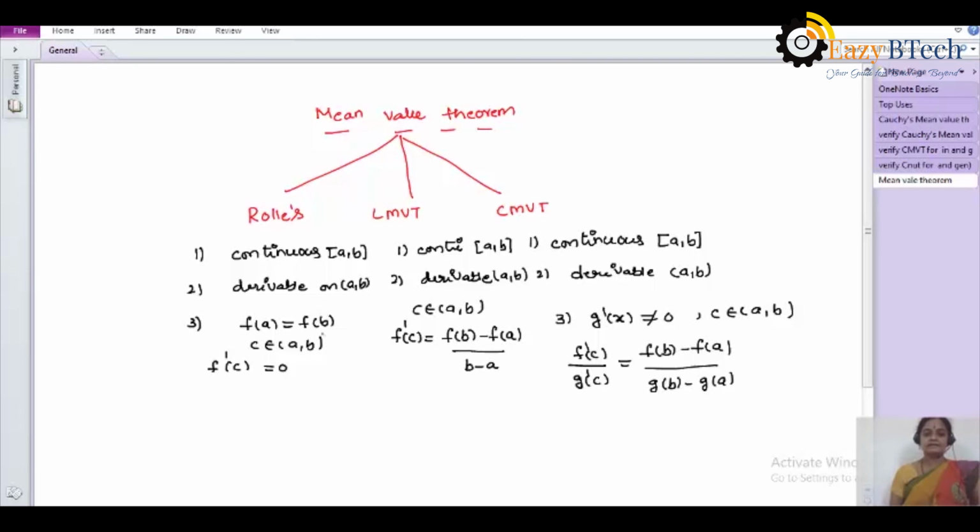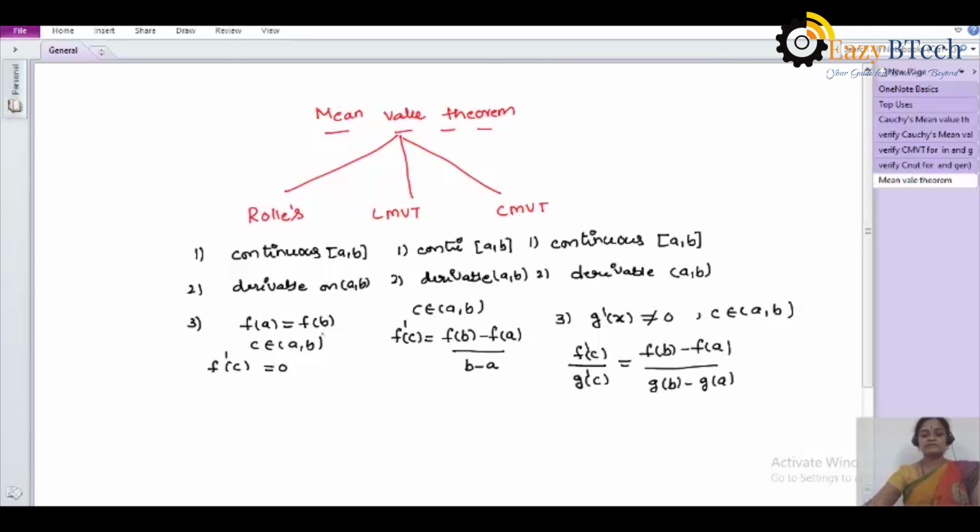That's enough for these three theorems. First two conditions as it is. Rolle's theorem, f'(c) equals 0. LMVT, (f(b) - f(a)) by (b - a) equals f'(c). And CMVT, f'(c) by g'(c) equals (f(b) - f(a)) by (g(b) - g(a)).